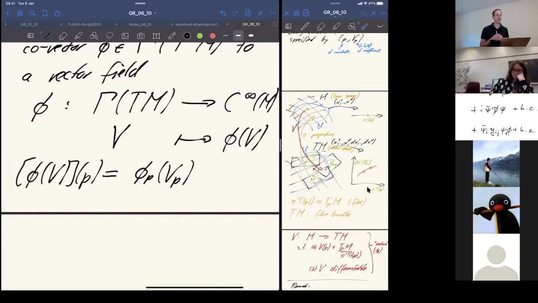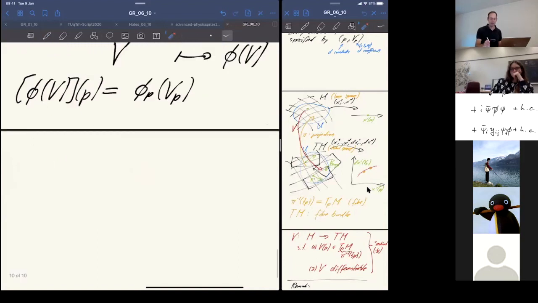It's an object that swallows vectors and outputs a real number. So this is just a real number, and therefore I have already evaluated this function. So that's what this function here does. It takes a point and then just takes the covector at that point, applies it to the vector at that point, and that's the value of the function at that point.